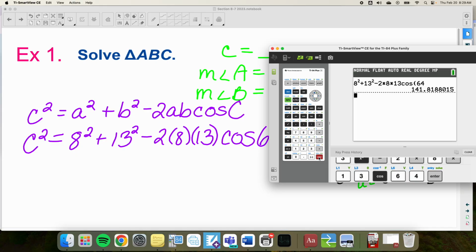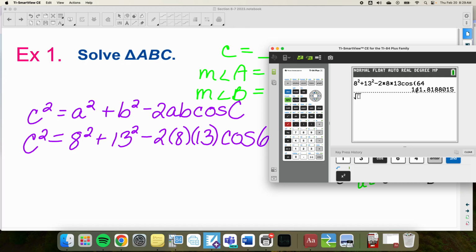Now one thing I haven't shown you yet that I always use in this section because it's helpful on your calculator, you can go right now and go second x squared to get the square root, but to get the most accurate answer, you want to take the square root of this whole thing, and we can call that down here by going second and then this negative key down there.